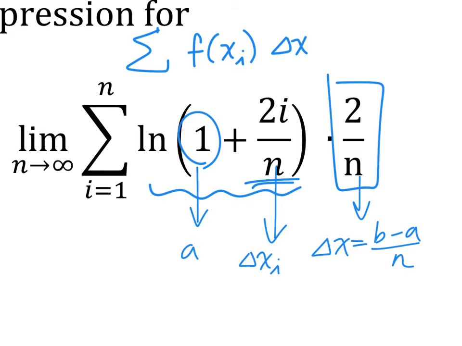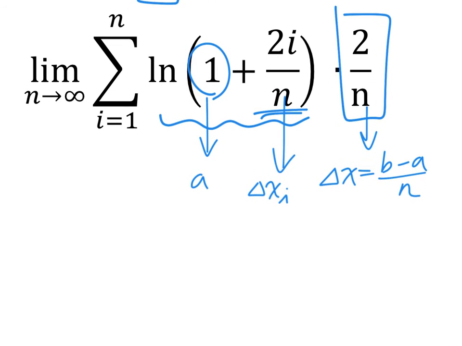So 1 is going to be my starting point, plus delta x. I start at 1, add a delta x, add a delta x, add a delta x. So it tells me keep adding that i numbers away. So first one, second one, third one, and so on. All right, so that's going to be my delta x n.